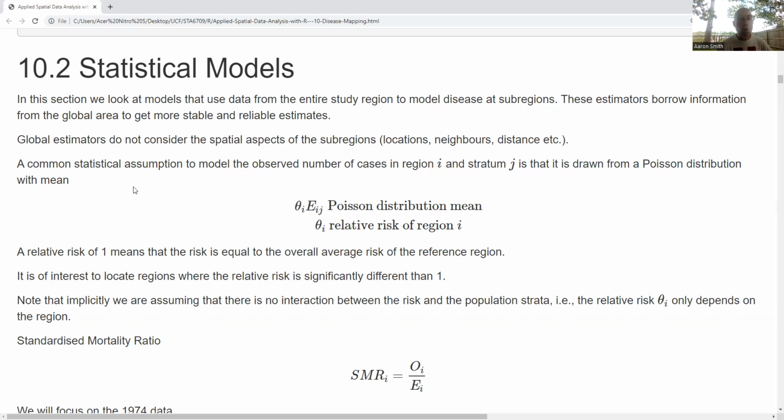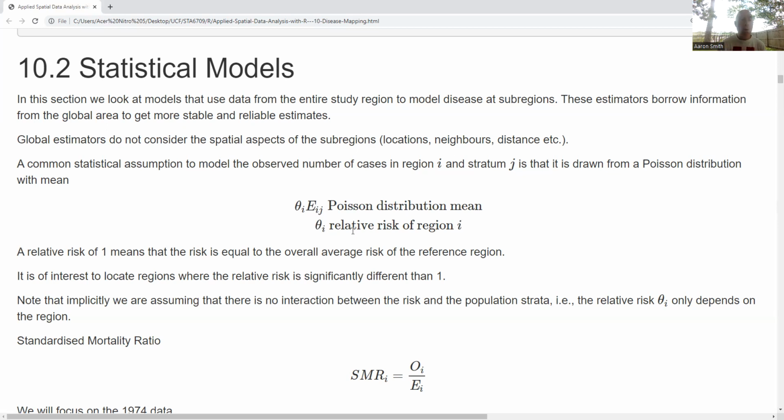All right, it is super common to use the Poisson distribution when handling counts, so we're going to do that here. We're going to say that the relative risk times the expected value is our Poisson distribution mean, and that theta sub i is our relative risk.